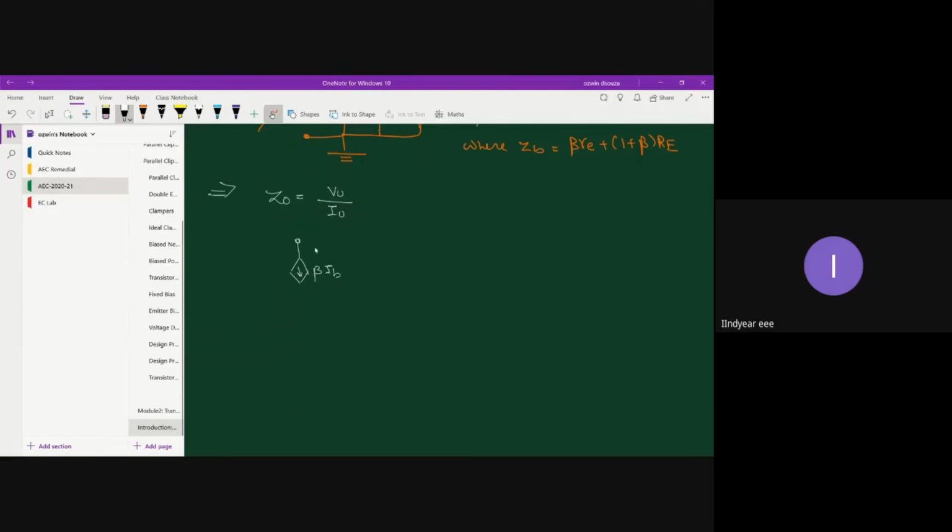The current circulated by this current source is IC, which is beta IB. This is my collector terminal, and this then gets connected to the emitter terminal, and the emitter will be held at ground potential through the emitter resistor RE.